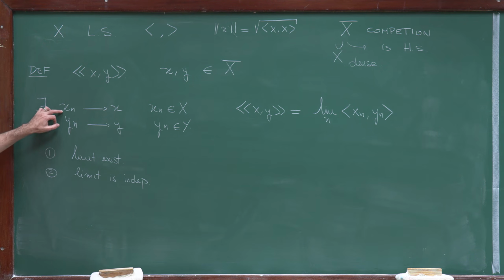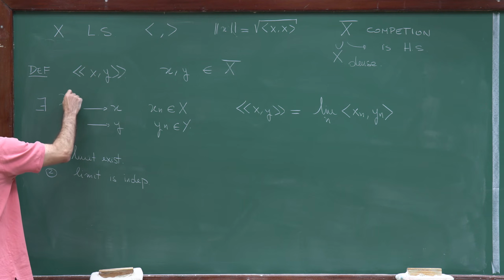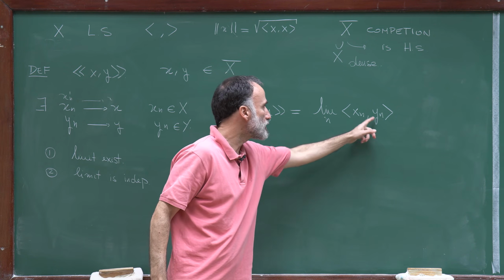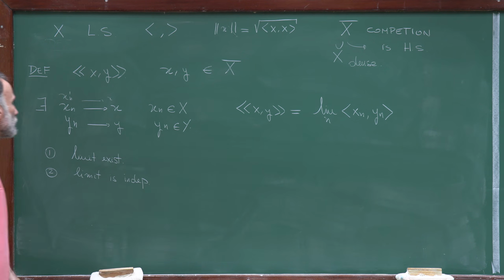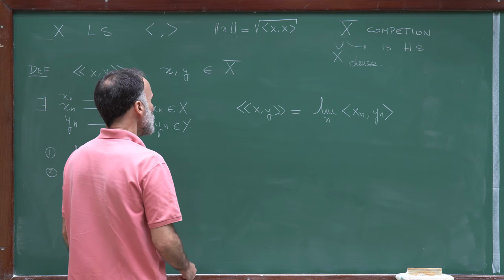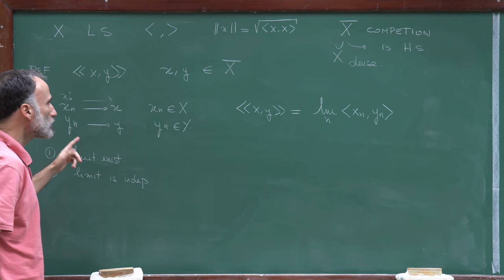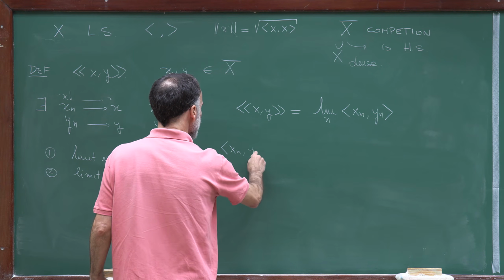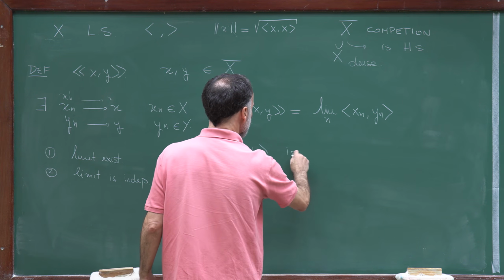Of course, if I have a sequence xn which converges to x, I could have a second sequence converging to x, and I have to make sure that this limit will not depend on the sequence we chose. So let me first prove that the limit exists, then that the limit is independent of the chosen sequence.